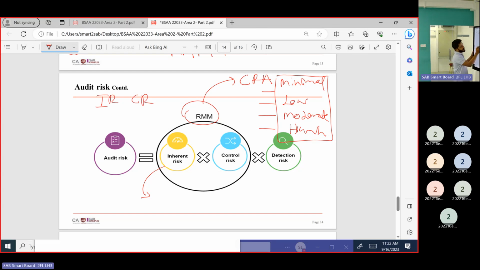Inherent risk higher or lower. Control risk: not relying on controls, or relying on controls.